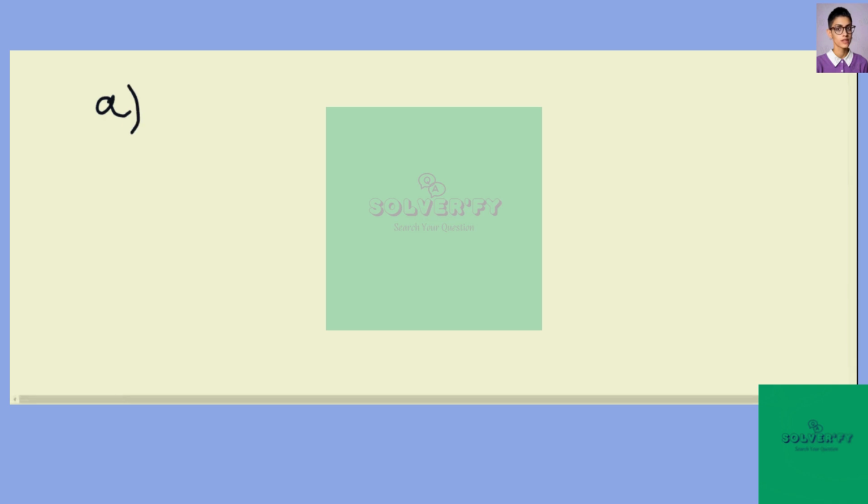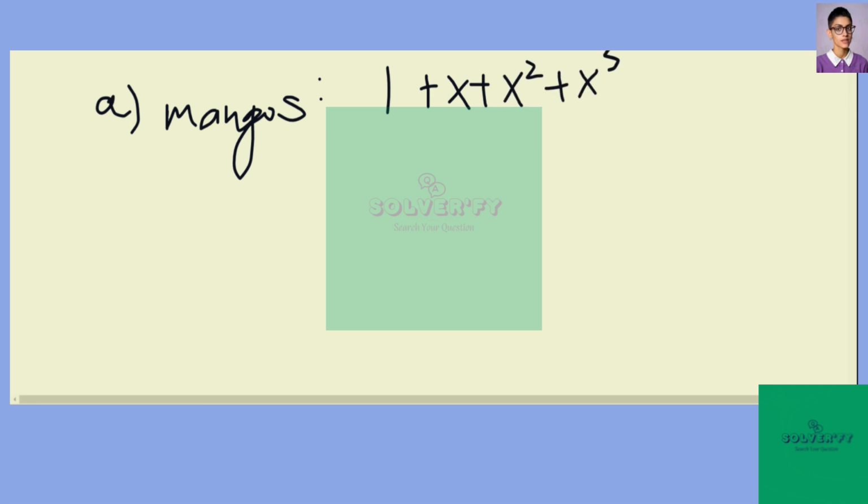So, first of all, in Part A, we have the generating function for mangoes. We're told the customer can buy at most 4 mangoes, so this is all powers of x up to 4: 1 plus x plus x squared plus x cubed plus x to the 4th.